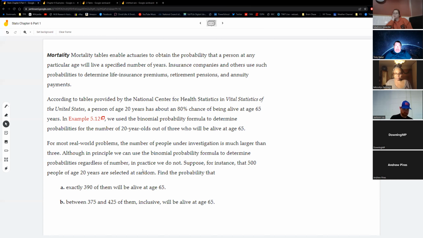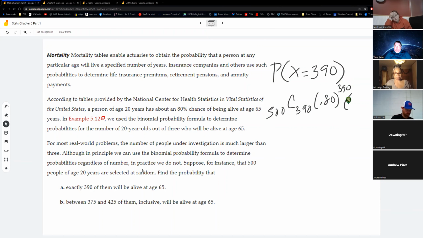This was similar to what you had to do on your test. We're looking for the probability that X equals 390. So this was the nCr: out of 500, we're choosing 390 of them. We have our probability of 0.80 to the 390, and then 0.20 to the 110.